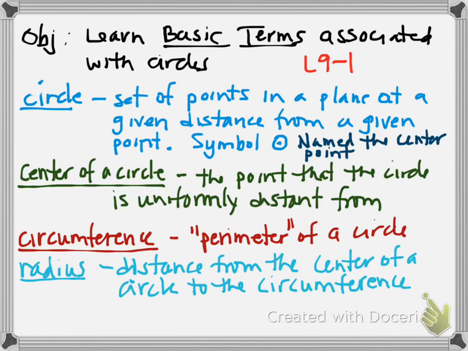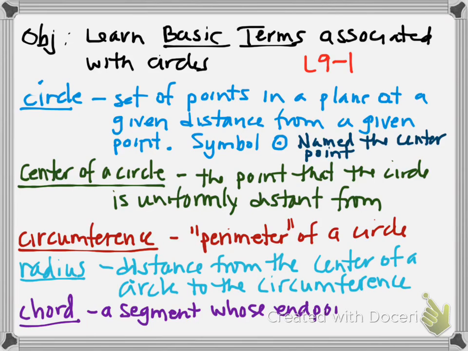Let's talk about this guy, chord. Now, this chord has an H in it, okay? So it's different than the chord with a C, O, not the H, okay? So this is a segment whose endpoints lie on a circle.